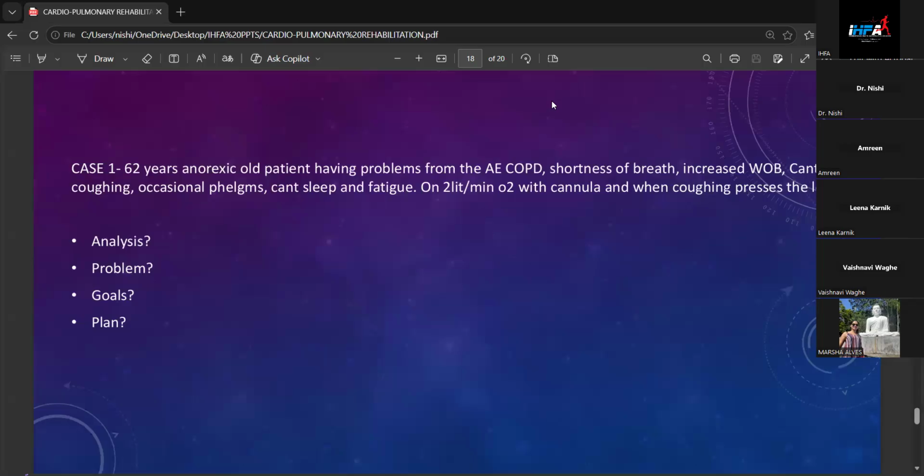Second, start with upper limb and lower limb basic range of motion exercises. Make them more functional. The more functional, the better. Then start with strengthening. Strengthening will help to increase the muscle mass. When there is an increase in muscle mass, there will be more mitochondria in the muscles, and once there is a lot of mitochondria, there will be aerobic respiration and the oxygen carrying capacity of every muscle will get better. Clear?